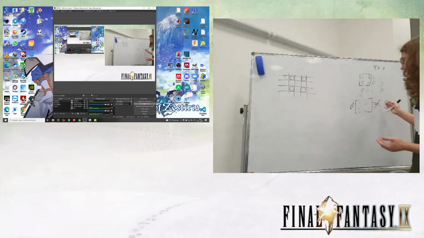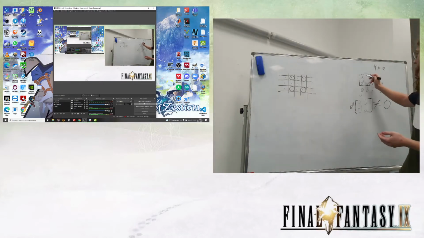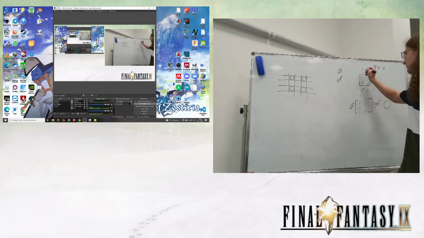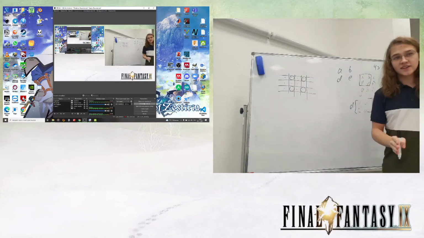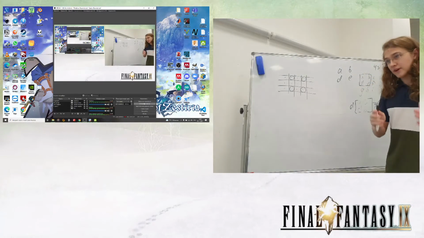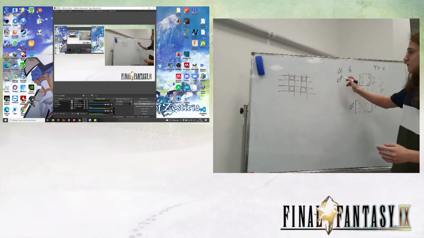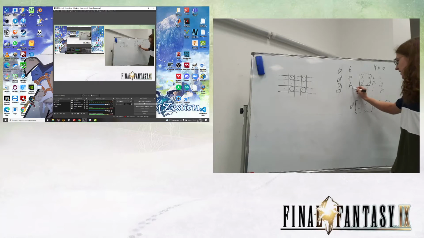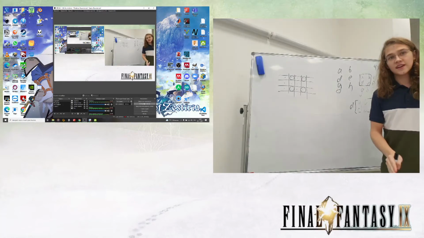That means that the AD vector and the BE vector aren't linearly dependent. So by this we can say that the ADG and BEH vectors are also linearly independent.